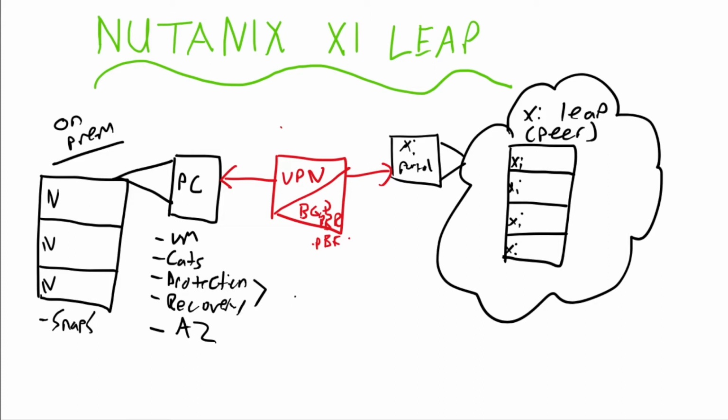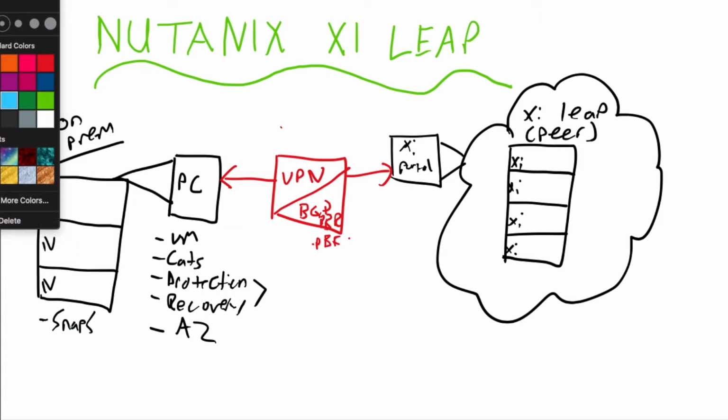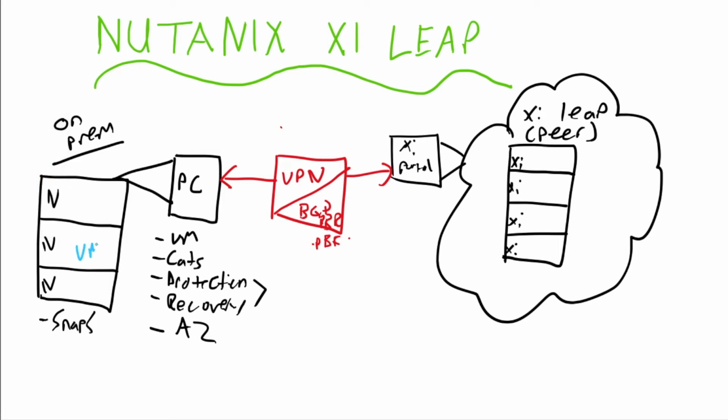So what we're going to do is take our snapshots of our VMs. Let's change our color to blue for clarity. We're going to take our VM and create our snapshot right here. We're going to assign a category to it. That category will be assigned to a protection policy and a recovery policy.